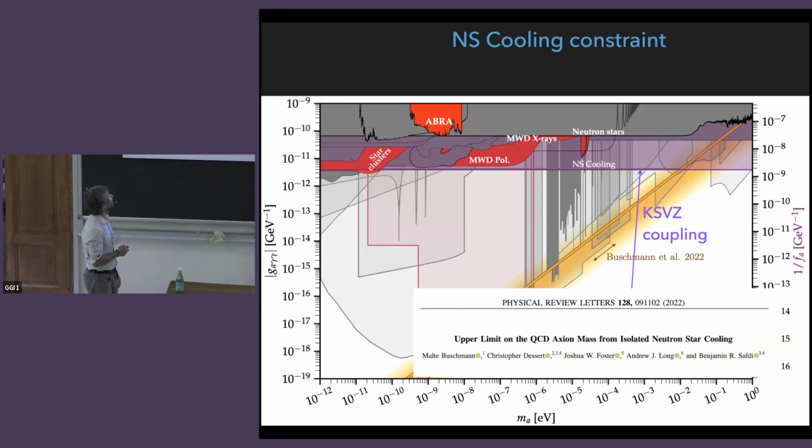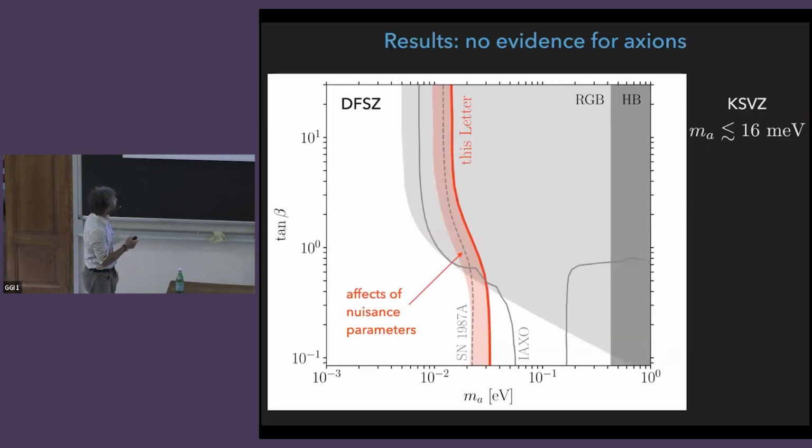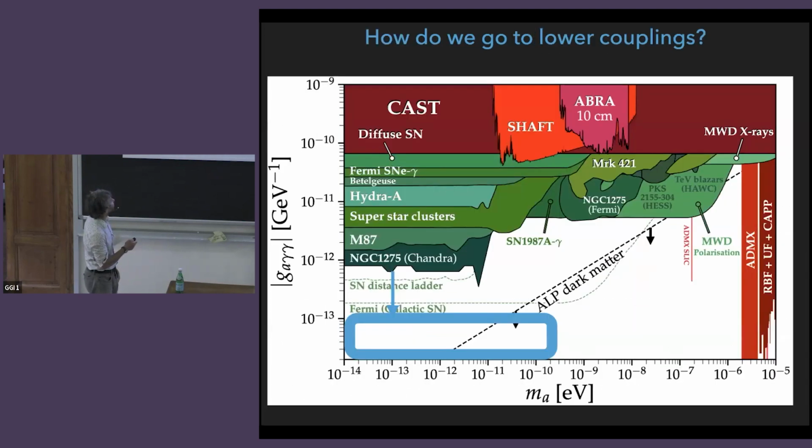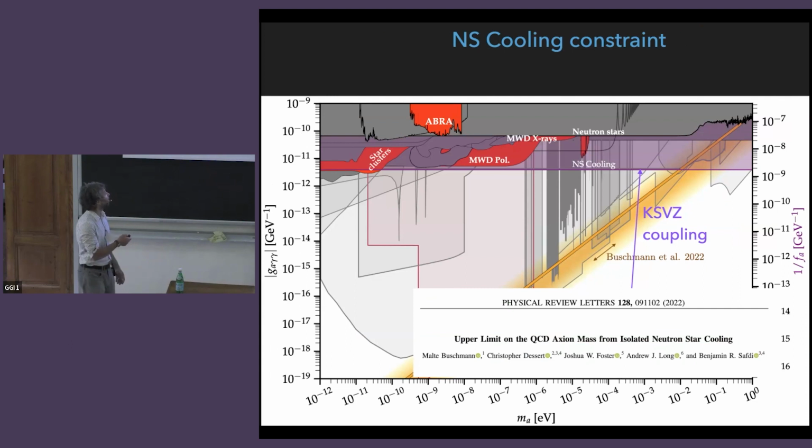So just to say that again for everybody, down here you expect the axion to be dark matter. Up here it could be dark matter, but it could also not be dark matter. So I think one really powerful aspect of the probes that you discussed yesterday, these neutron star cooling probes, is they don't actually require the axion to be dark matter. They're just looking for axions in the spectrum of nature at 10 millielectron volt, and it could be dark matter, but it could also just exist in the spectrum of nature, and that's a more robust way to go about it.